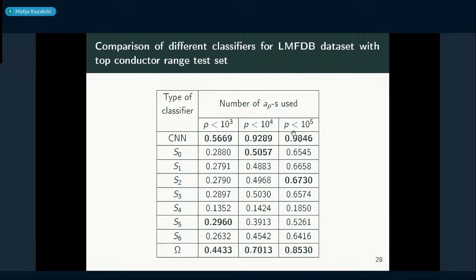But here we still see that the convolutional neural network performs much better than all other algorithms, especially in the case when P is less than 100,000, where we have almost perfect or very good classification quality.